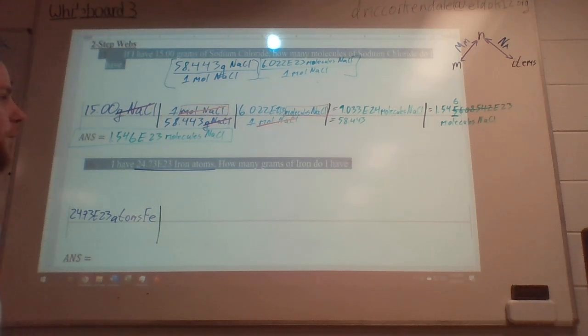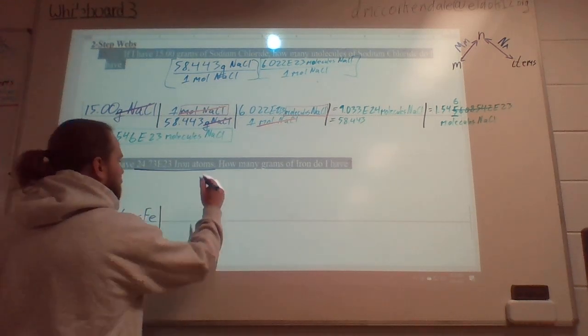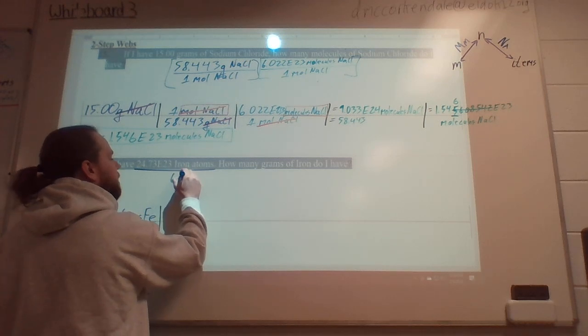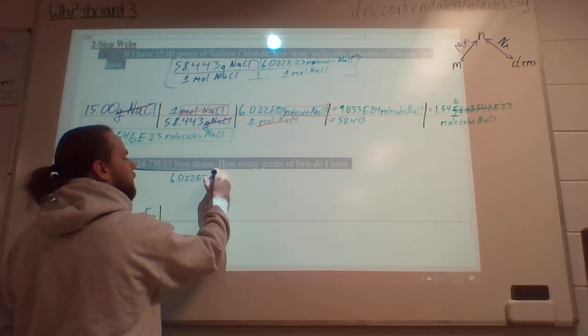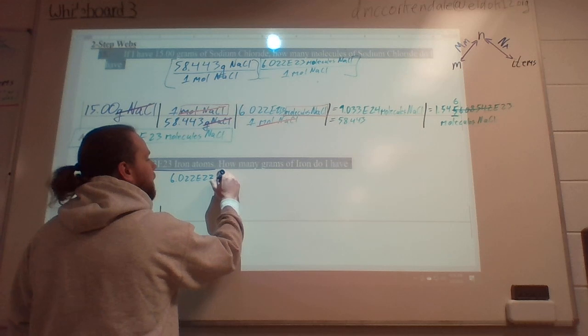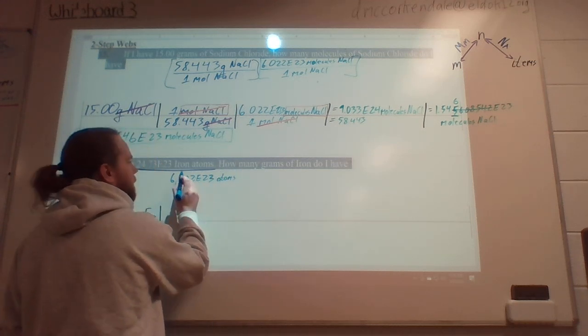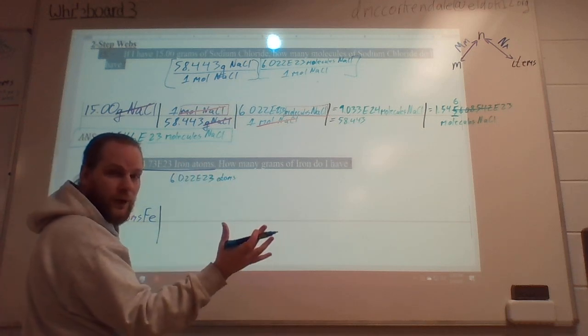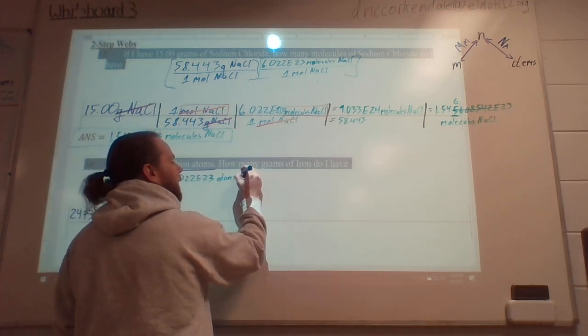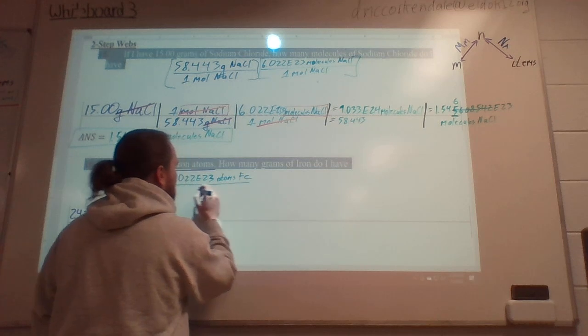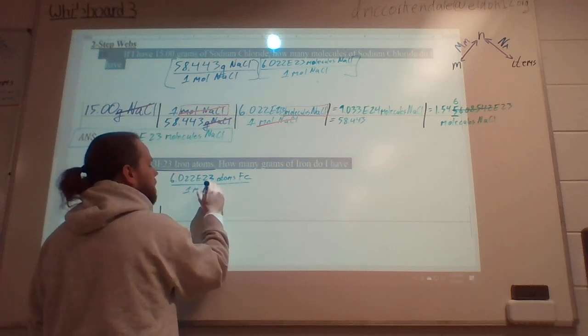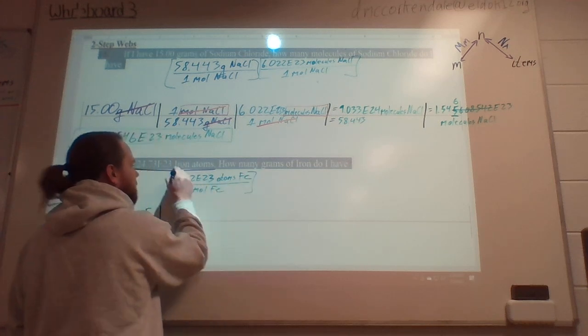So the first thing we're going to use is Avogadro's number. So that's going to be 6.022 times 10 to the 23rd atoms this time, because iron is an atom, not a compound, unless it's bonded to something, of Fe, all over 1 mole of Fe.